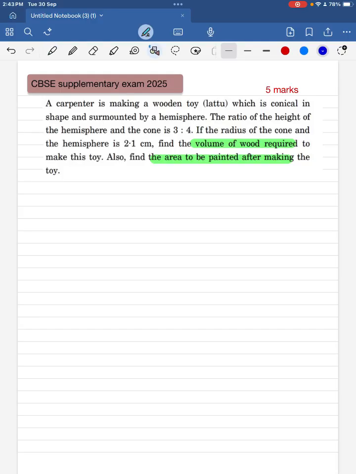Now, they've given you that there's this cone which is surmounted by a hemisphere. So there's a hemisphere placed on top of this cone, and both of these have the same radii. The ratio of the height of the hemisphere and the height of the cone is 3:4.